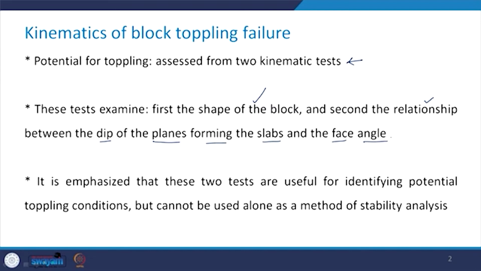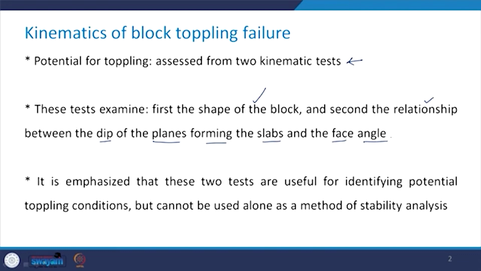If you recall, we had discussed these kinematic analyses for the plane as well as the wedge failure when we were discussing the graphical representation of the geological data and its application. At that time, we did not discuss the kinematics of block toppling failure. So, in this case, there are two things to be tested. The first one is the shape of the block and the second one is the relationship between the dip of the planes forming the slab and the face angle.